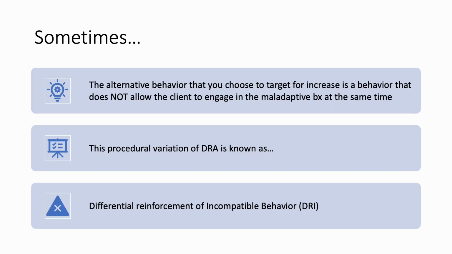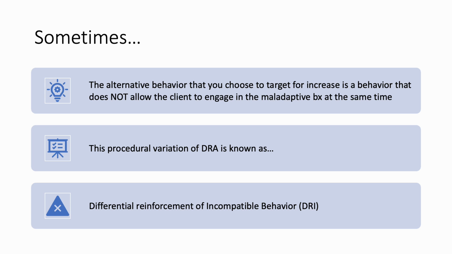Okay, so sometimes these alternative desirable behaviors that we're targeting for increase can't occur at the same time as the problem behavior. I'll give you guys an example. Let's say that I have a client that engages in inappropriate vocalizations. They are cursing, they're saying nonsensical things, whatever the topography of the behavior might look like.